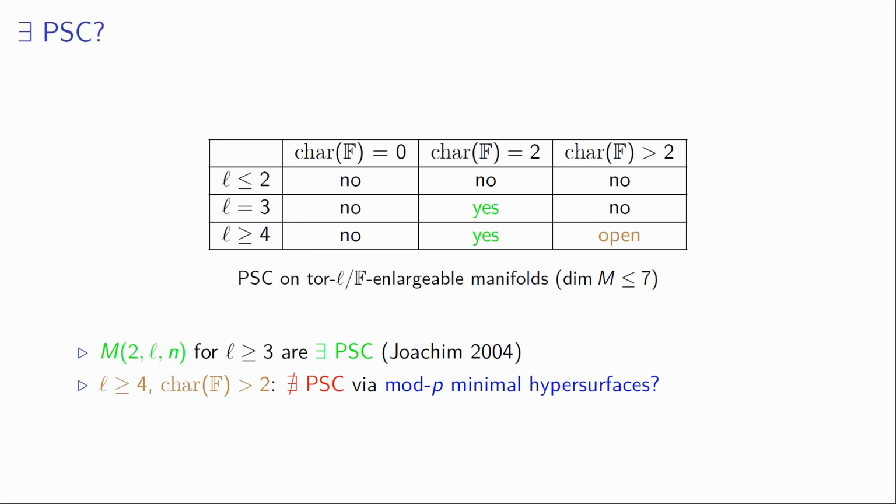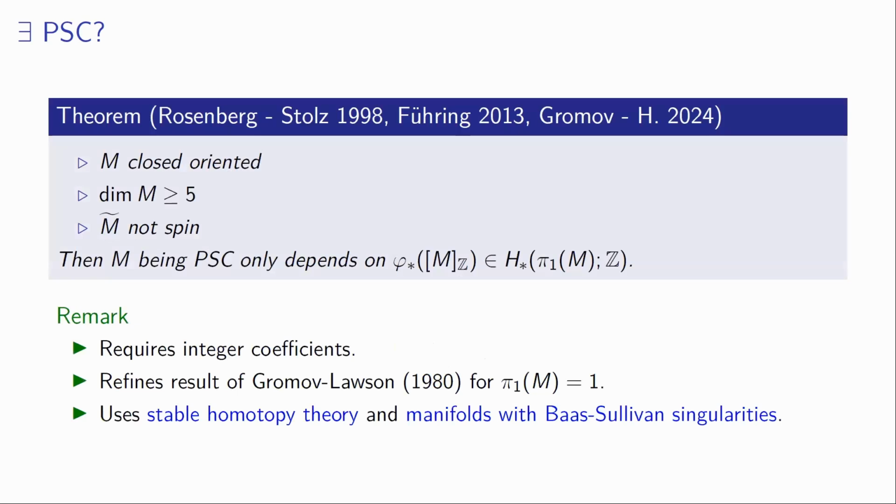That's rather interesting. And so now let us come back to geometric properties of smooth manifolds that are completely characterized by the image of the fundamental class of M under the classifying map. And interestingly, the existence of positive scalar curvature metrics is one of these properties.